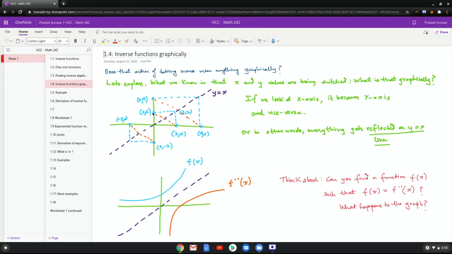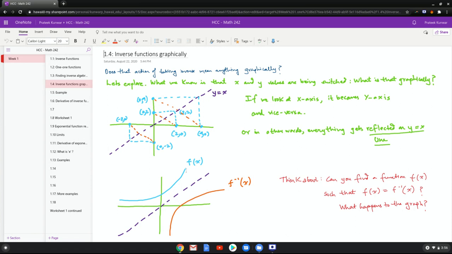When I switch them over, they actually become the y-axis. So the x-axis becomes the y-axis, and vice versa. Everything gets reflected on the line y equals x. Why y equals x? Because that's a line where both values are the same. So if you reflect along that line, you're switching the x and the y values. When you switch the x and the y values, you get the inverse function.